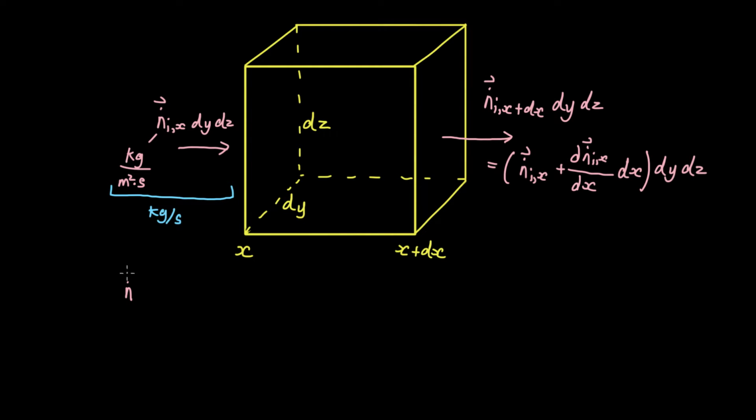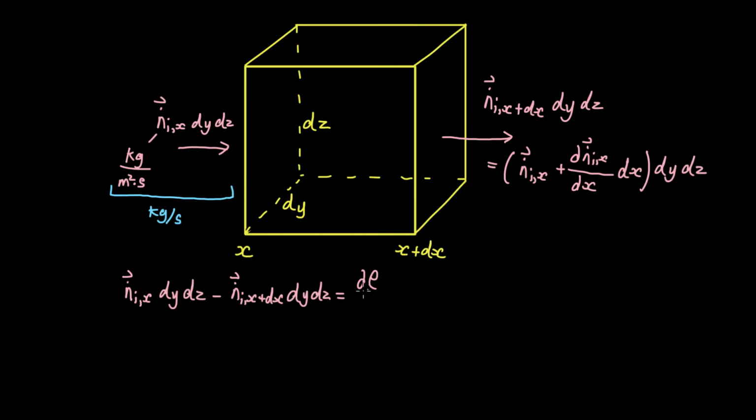We can simply take the difference between the two. So the flux into the box multiplied by the area, and subtract away from that the flux out of the box, so it's x plus dx, again multiplied by the area. This is equal to, well, if these are the same, then this is obviously 0, and if they're not the same, then this is non-zero.